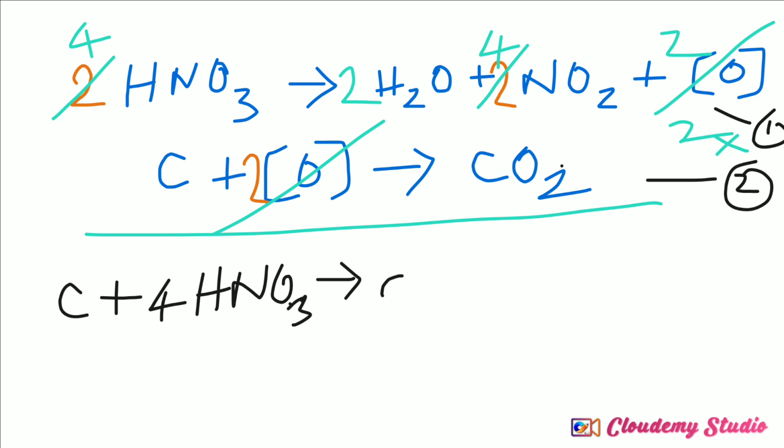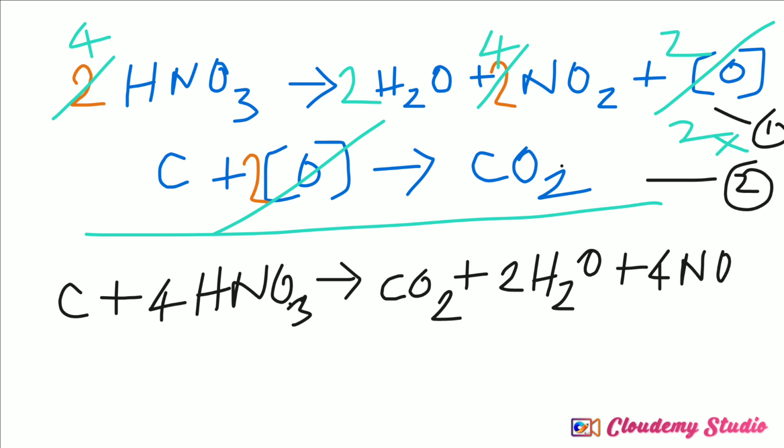Carbon dioxide, 1 mole of carbon dioxide, plus at the first step, the products left out: 2 moles of water and 4 moles of nitrogen dioxide. That is the balanced equation.